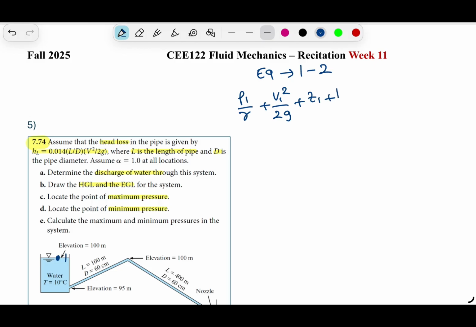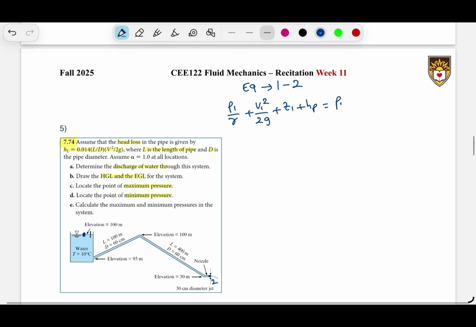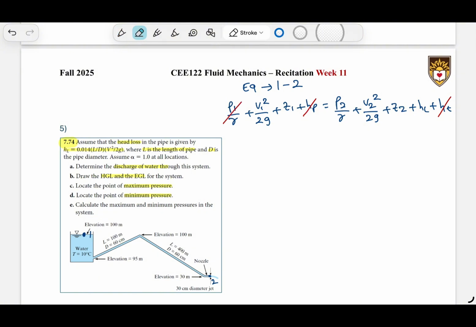So we have this equation. We don't have any turbine or pump, so we have 0 HP and HD. And the pressure is also 0 because it is open to the air.